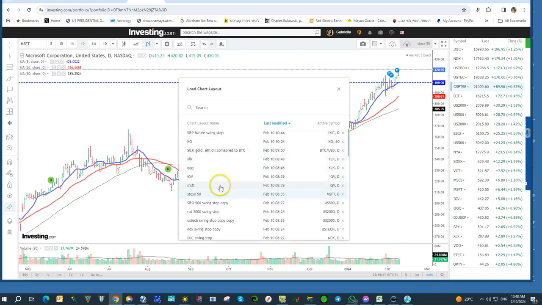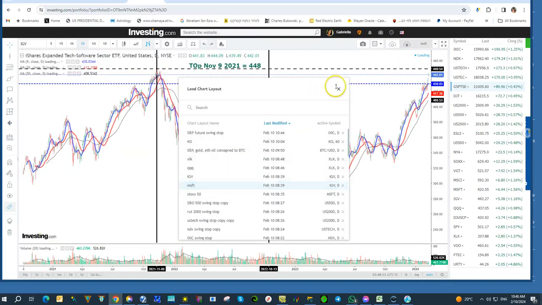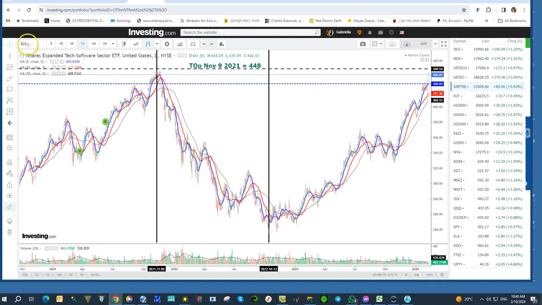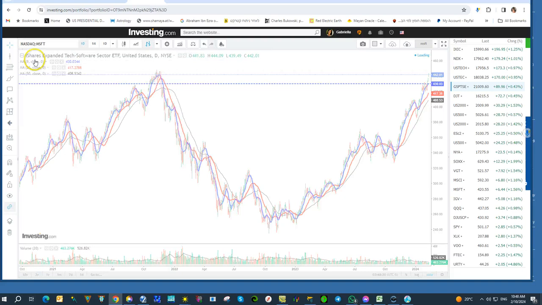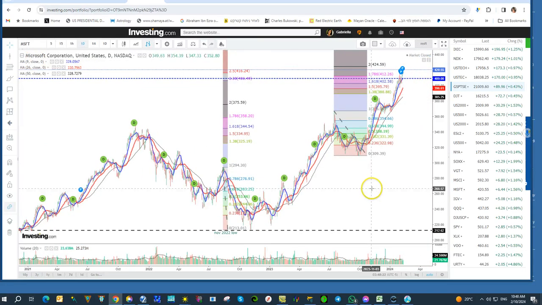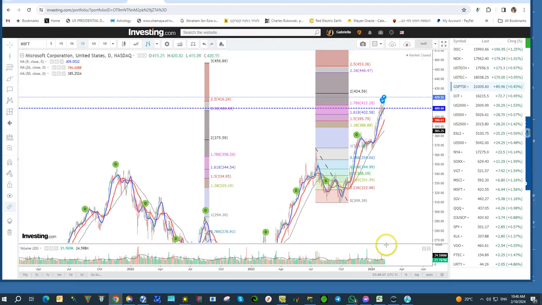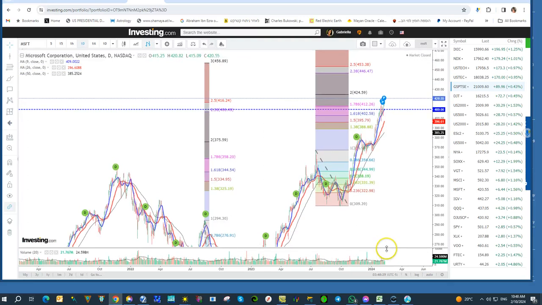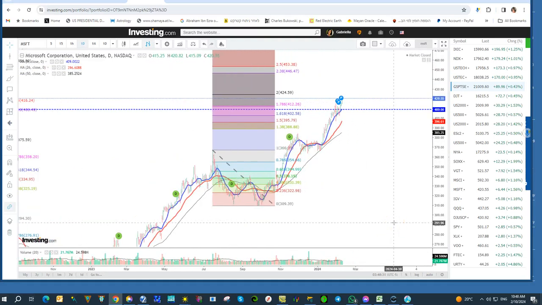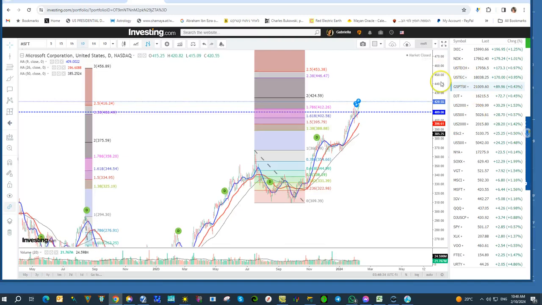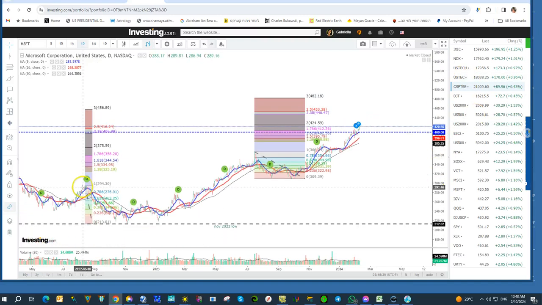Then we have Microsoft, one of the most important mega stocks. It trades in very, very strong volume. So what do we have here? If I look at the yearly chart, then the targets are 416 and 456.